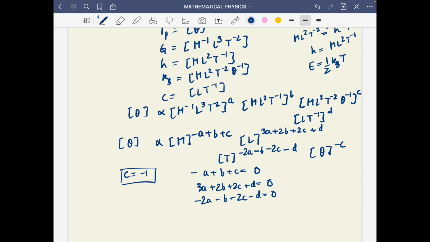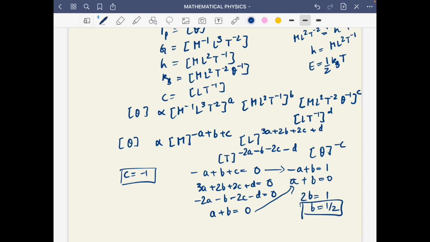So what we will find from here is A plus B is equal to 0, and from here minus A plus B is equal to 1. Put this equal to this, from this and that equation. So what we will get here is 2B is equal to 1, B is equal to 1 by 2. So B is 1 by 2.